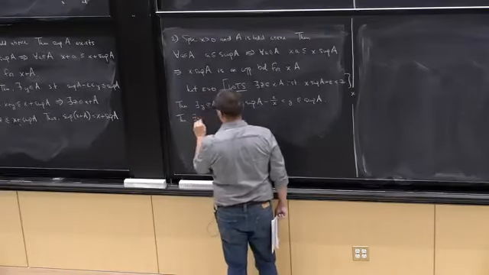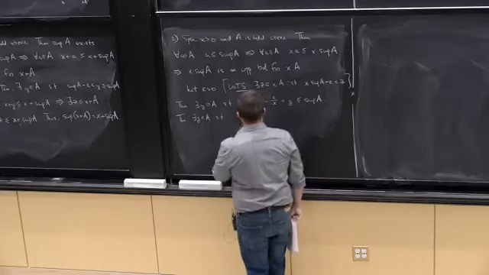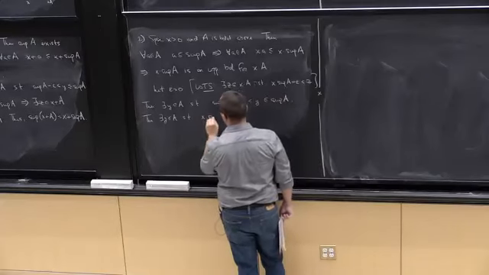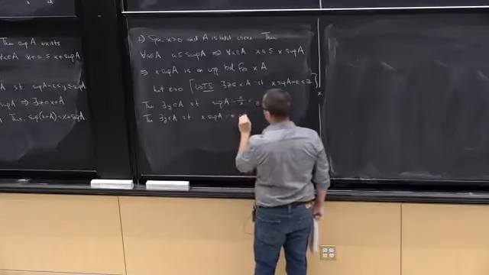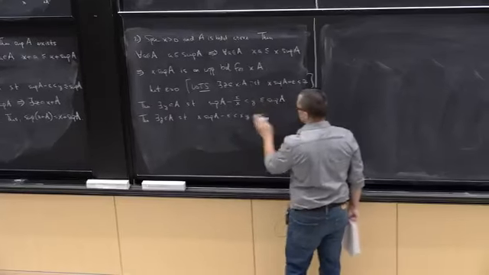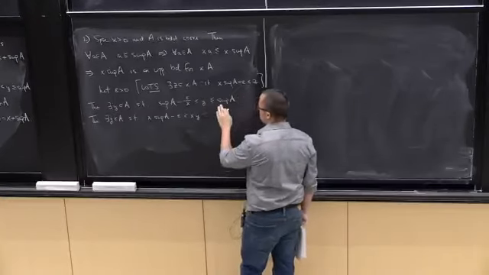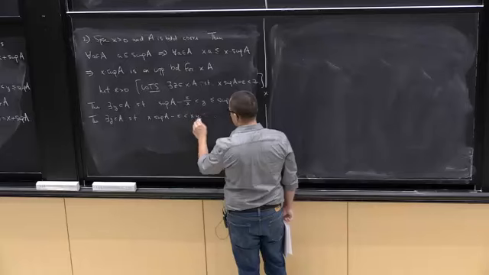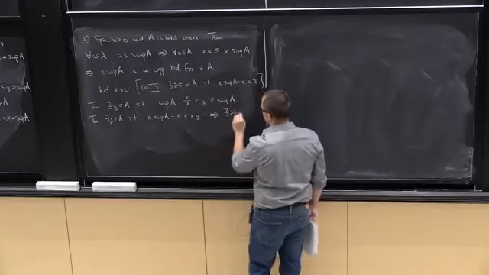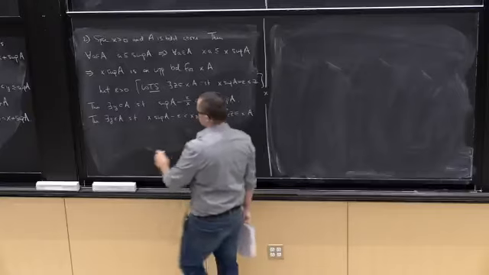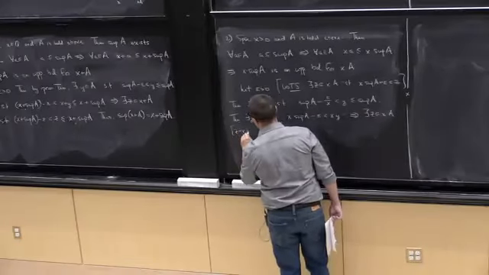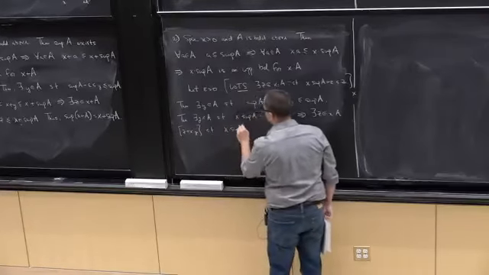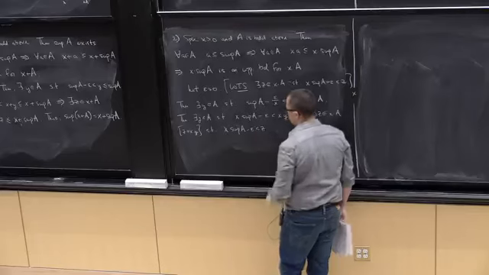Then that means there exists a y in A such that if I multiply through by x, I get x times sup A minus epsilon is less than x times y is less than, so I'm going to stop writing this inequality because this is always true because x times sup A is bigger than or equal to x times y, which implies there exists a z in x times A, namely z equals x times y, where y is from here, such that x times sup A minus epsilon is less than z.